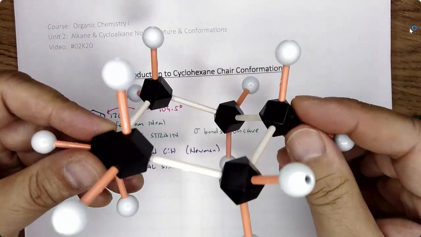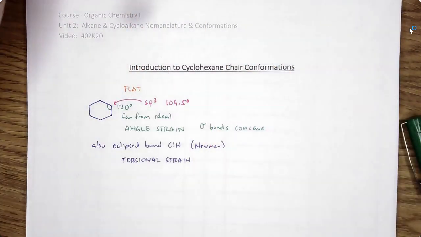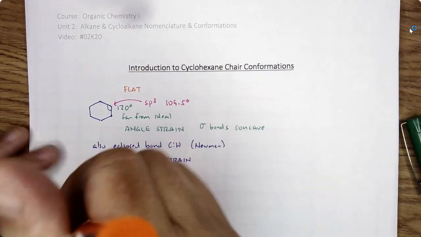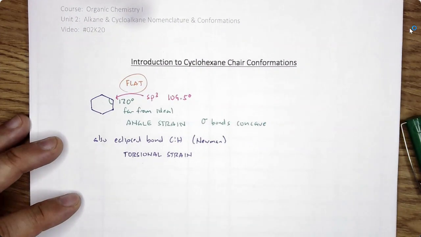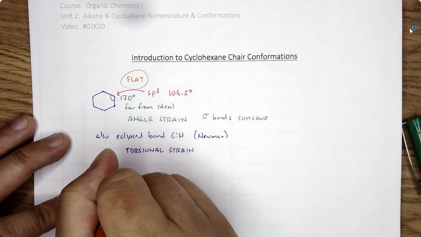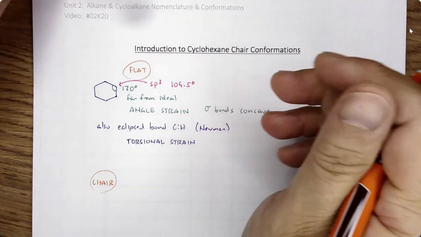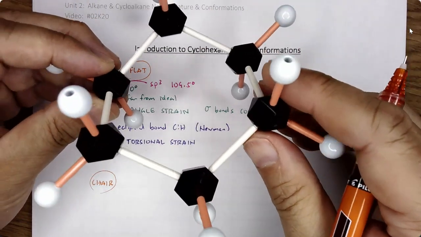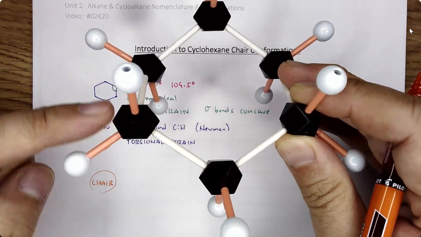So let's go back to this chair conformation. By the way, when it's in a chair conformation, here we have flat. What about what I call a chair? And you'll see also why I call this a chair. Look down the carbon-carbon bond, any carbon-carbon bond. Let's take a look at this front, this back.